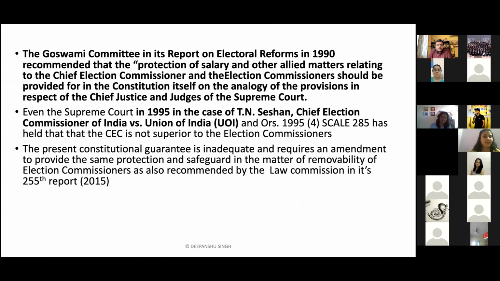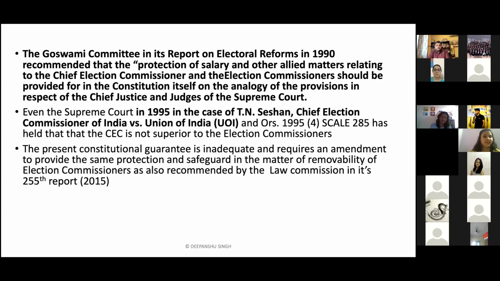As you know, the salaries of the judges of the Supreme Court and the High Courts are all charged expenditure. In fact, the pensions of High Court judges are charged on the Consolidated Fund of India, though their salaries are on the Consolidated Fund of the State. So they have a sort of independence in their office, because nobody can vote down their salary. That goes against them in disadvantage.